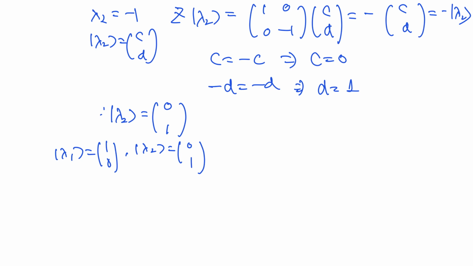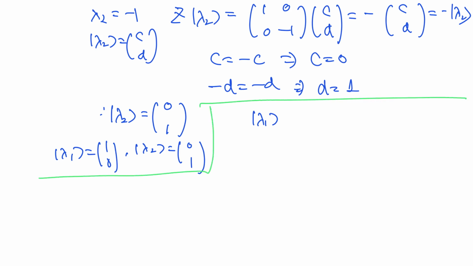Normalization means making the inner product of the vector with itself equal to the number 1. That's the definition of normalization. So lambda 1 and lambda 2 are already normalized. So lambda 1, let's save some space, (1, 0) times (1, 0), so this is (1, 0; 0, 0).